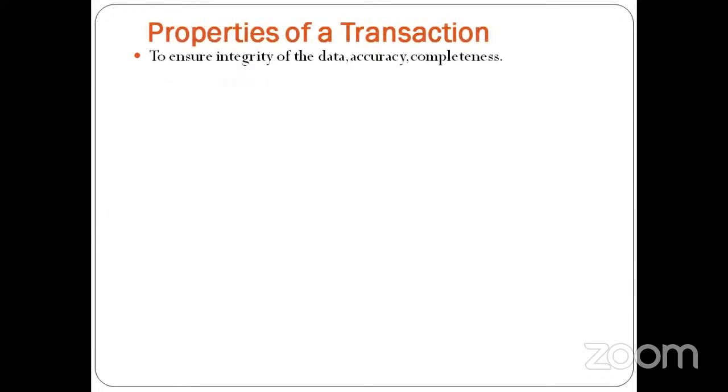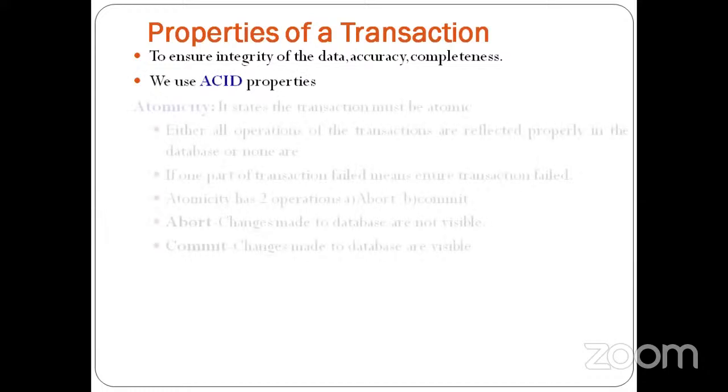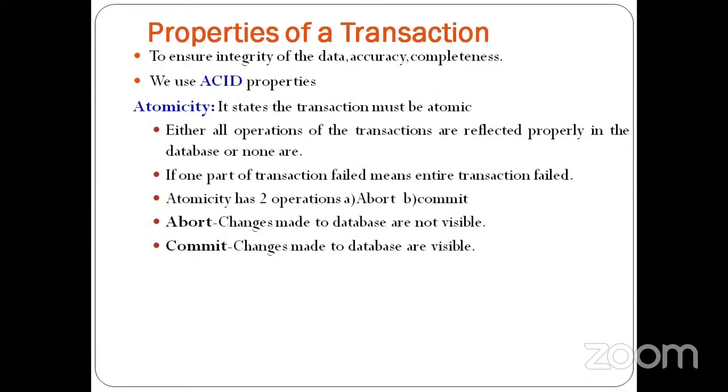In atomicity, it is used to get the integrity of data, and it is also going to maintain the accuracy and completeness of data. So here the transaction must be atomic, nothing but a single unit. In atomicity, either all operations of the transaction will be performed, or no operations are done.